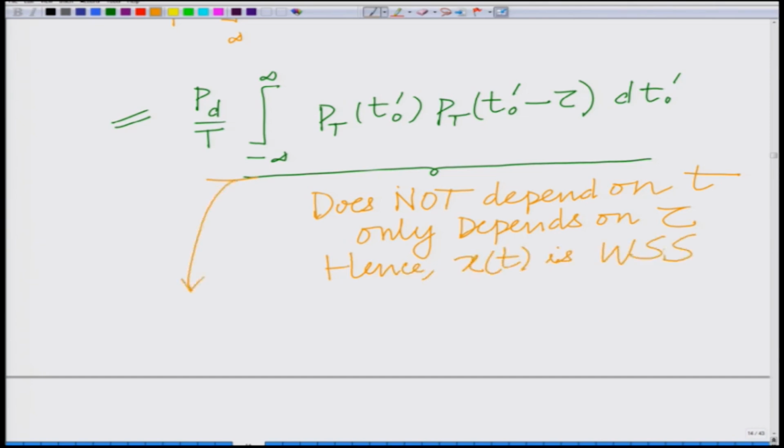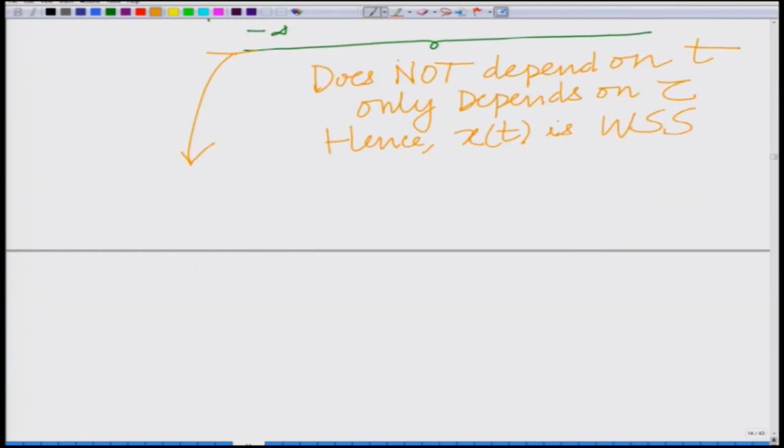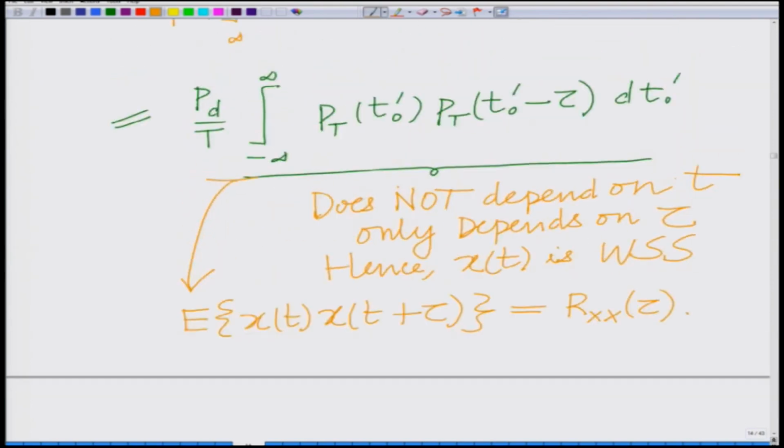In fact, this is your expected value of x t into x t plus tau, which is basically what you can call r x x of tau, depends only on tau. And in fact, you will observe something very interesting.